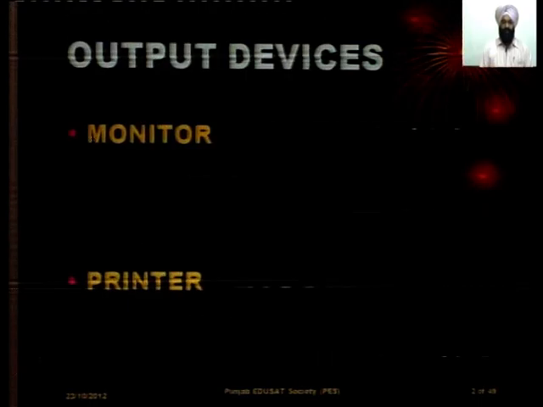There we can get the soft copy of the output of the process. And the printer is the other output device which is connected with the CPU, and a hard copy is obtained with the help of this printer, and this hard copy can be obtained on any paper or any transparency or any sheet.